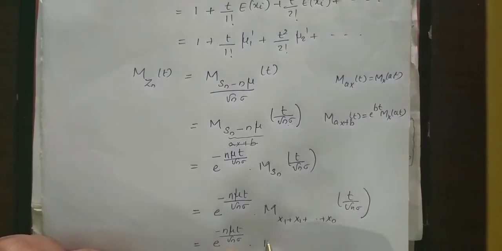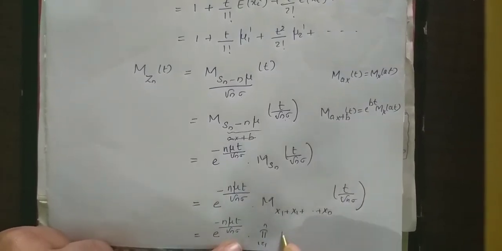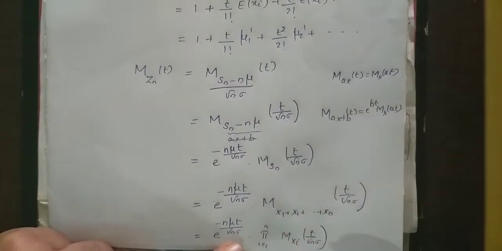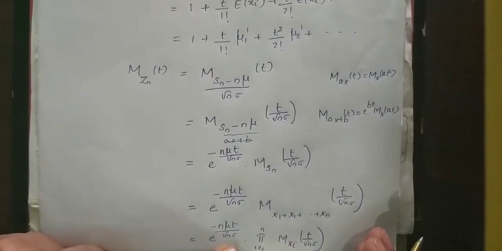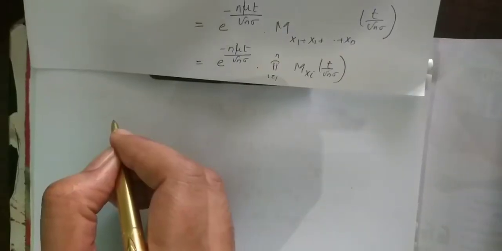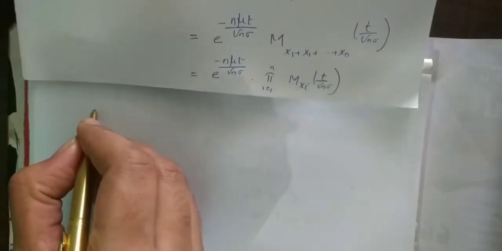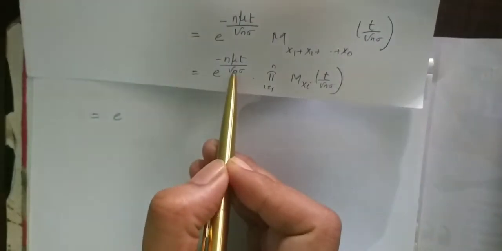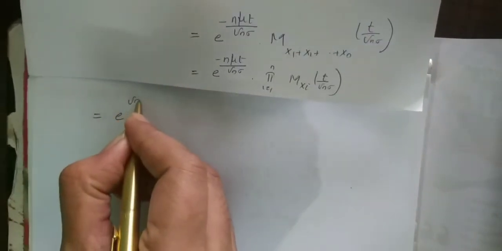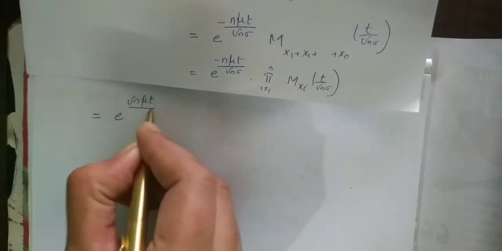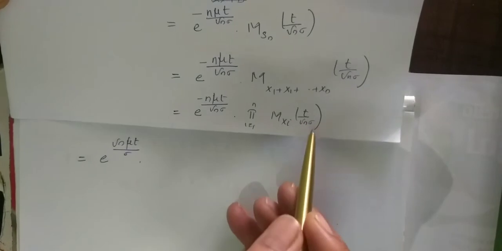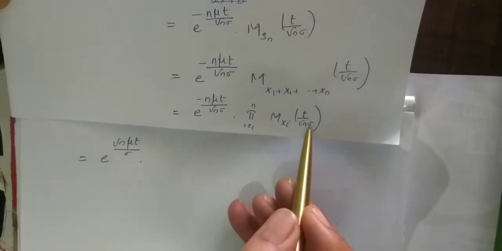So we can write this as the product for i equal to 1 to n of MXi of t by root n sigma. We can write this as e raised to, we can cancel this root n, so root n mu t divided by sigma into the product of MXi of t by root n sigma.